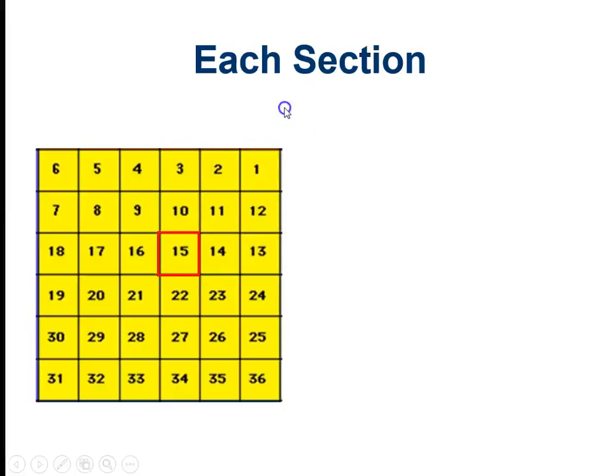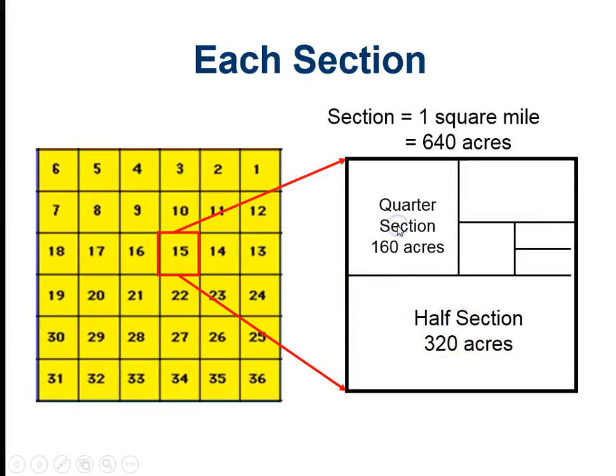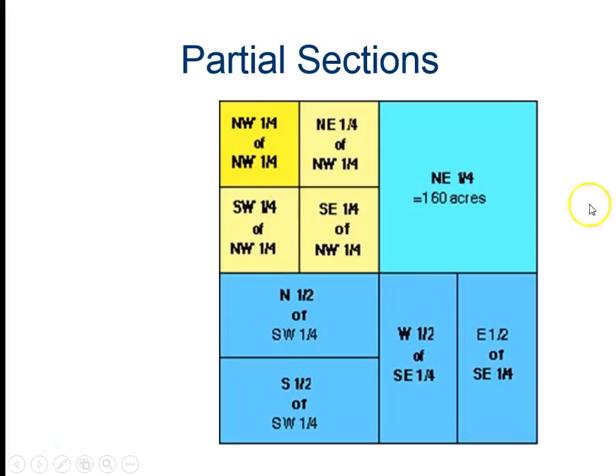We now blow that section up again. A section is 1 square mile, or 640 acres. We can divide it into the half section, quarter section, and so on, going down into smaller and smaller sections. Each section has a name, and it's based off of the quadrants again.